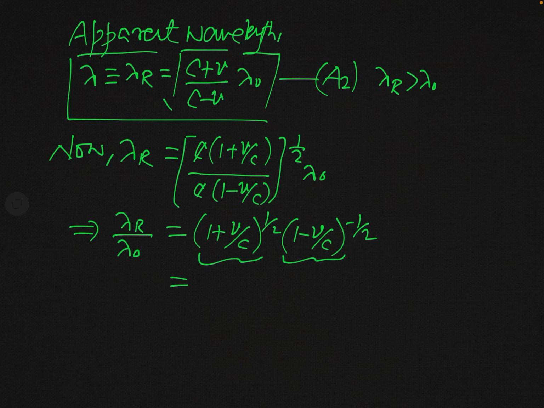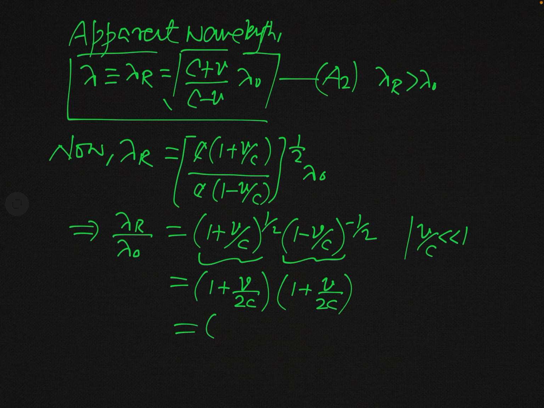And again we will expand these two factors by binomial expansion under the limiting condition that v by c is much smaller than 1. And as you know, in this condition 1 plus x to the power n is 1 plus nx. So what will be our result? Our result will be 1 plus v over 2c into 1 plus v over 2c.